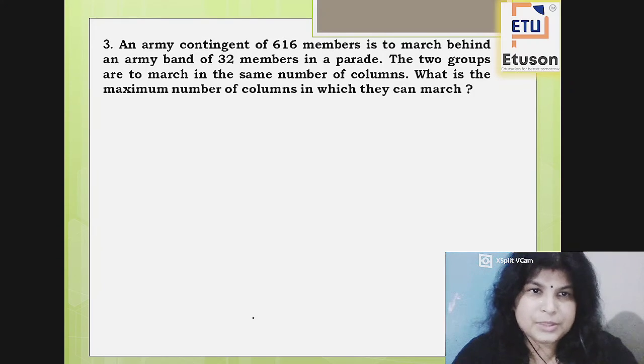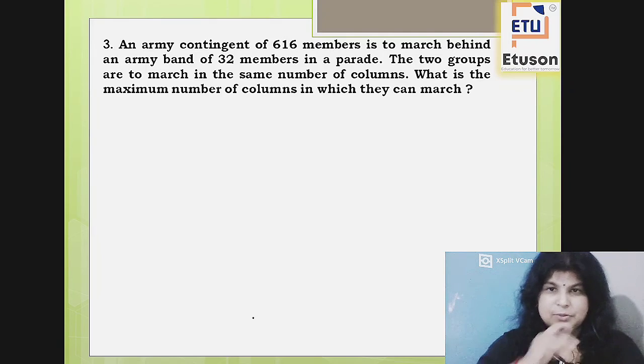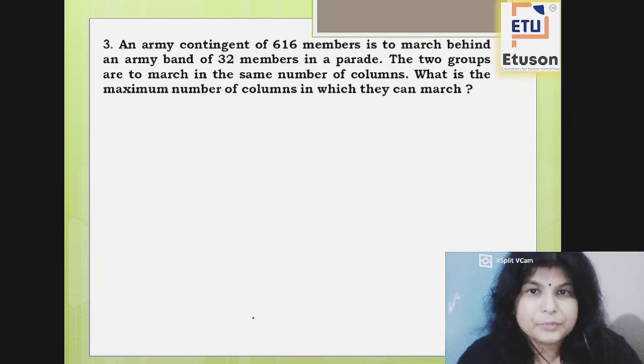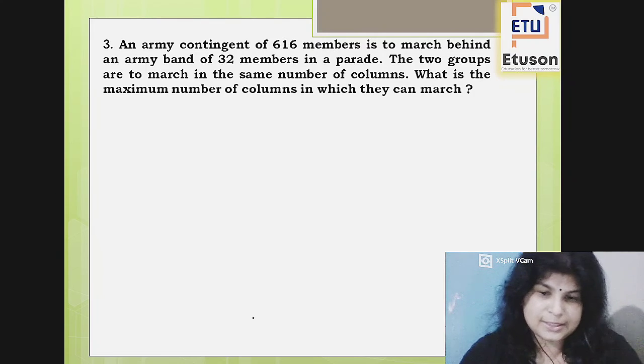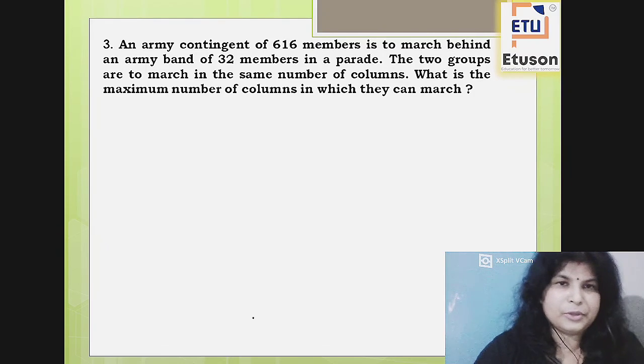The two groups are to march in the same number of columns. What is the maximum number of columns in which they can march? It is very simple. You have to find out the HCF of these two numbers, that is 616 and 32.